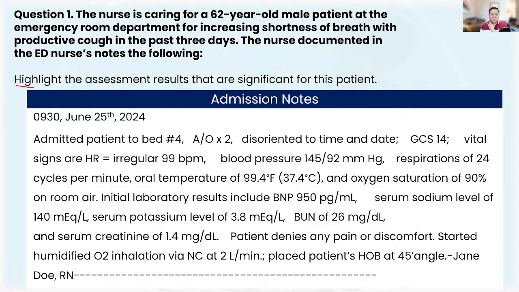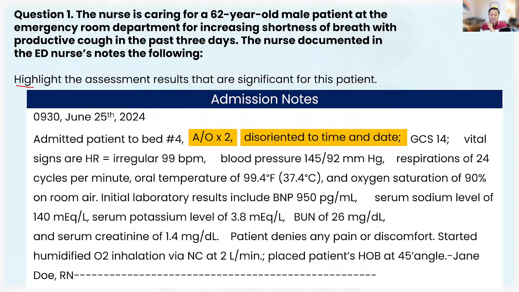So those assessment findings are the following. We have alert, oriented ×2. That is a significant finding. It simply means that the patient is not completely all there. It's not ×3 or ×4. It said here, disoriented to time and date. That is another one.